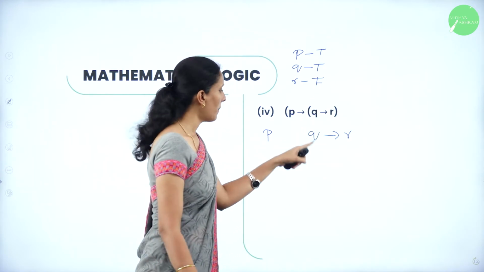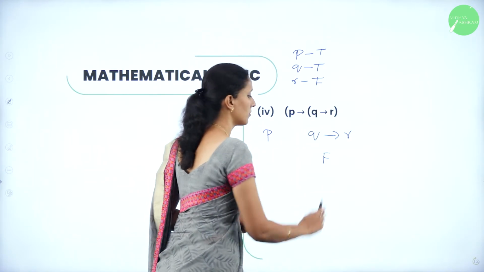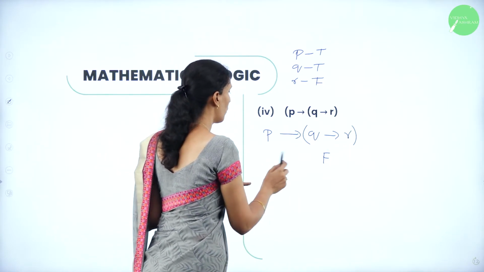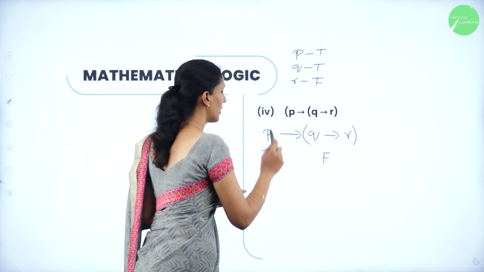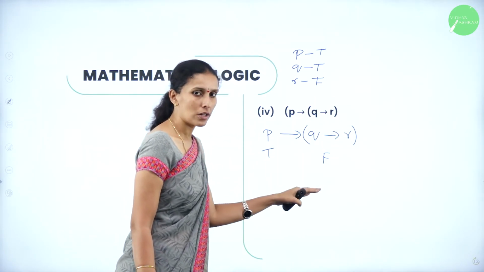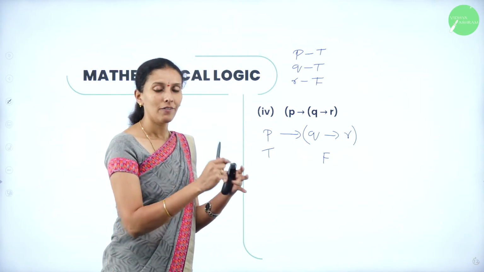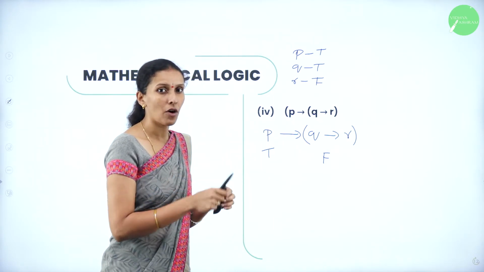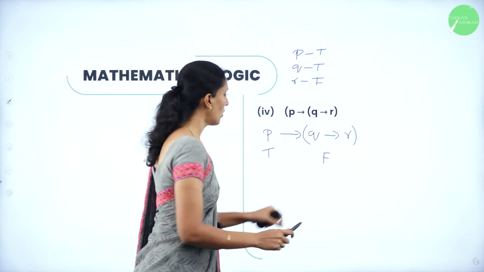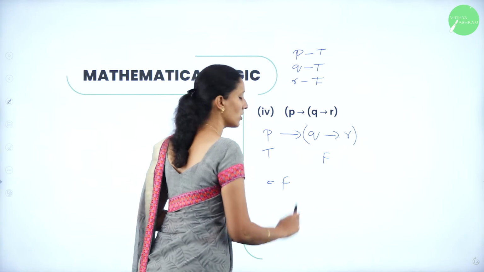So therefore, my statement is false here. Next, let's see the implication of this with P. P is true, the second one is false. So therefore, it is false. The if-then condition is false when P is true and Q is false. So it is true and false. So therefore, the result is false.